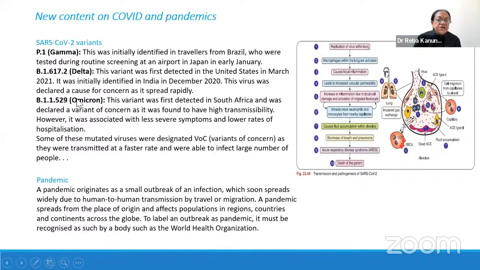In fact, the Omicron mutant has also been included with the variants of concern. And then in the epidemiology chapter also, we have laid a little importance on epidemics, pandemics, and endemic diseases, and on pandemic case tracing and control.